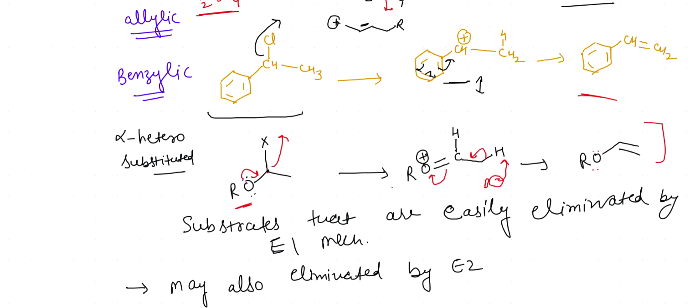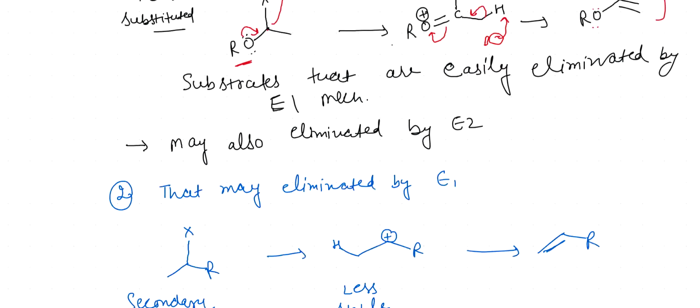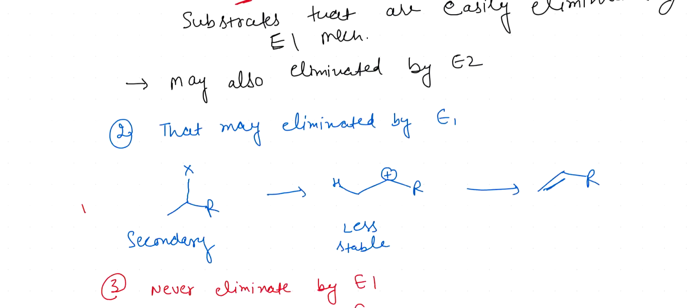Next is secondary alkyl halide. In a secondary alkyl halide, after the elimination of the halide group, it forms a secondary carbocation because it is linked to two alkyl groups, 1 and 2, so it is called a secondary carbocation.